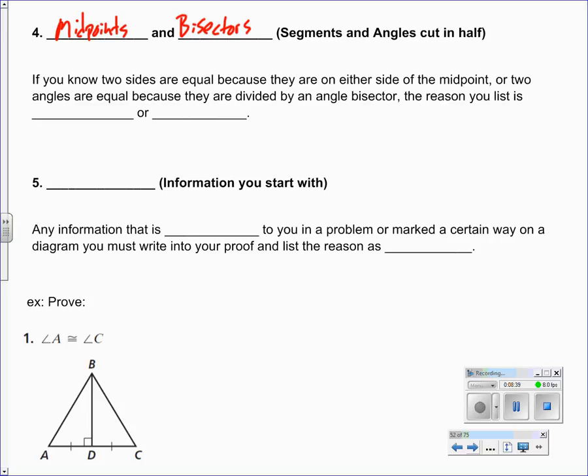If the given information tells you something is an angle bisector, or tells you a certain point is the midpoint, this is what you list as your reason for knowing that the two pieces on either side are congruent, either the two angles on either side of the angle bisector or the two segments on either side of the midpoint. So your reason would be midpoint if it's a midpoint, or bisector if it is an angle bisector.